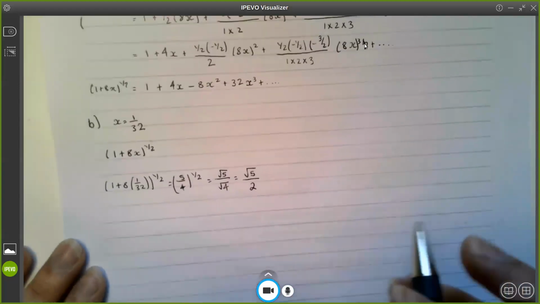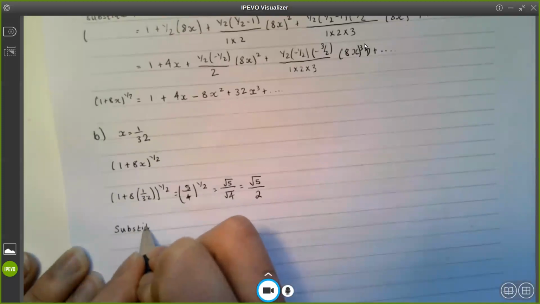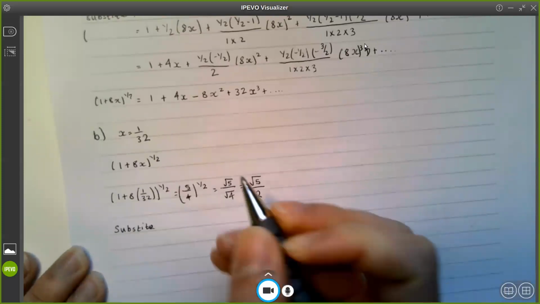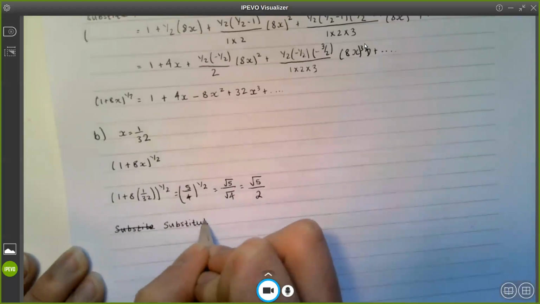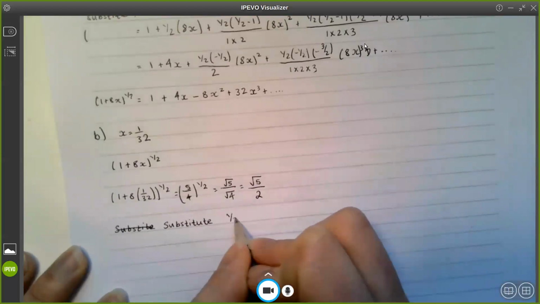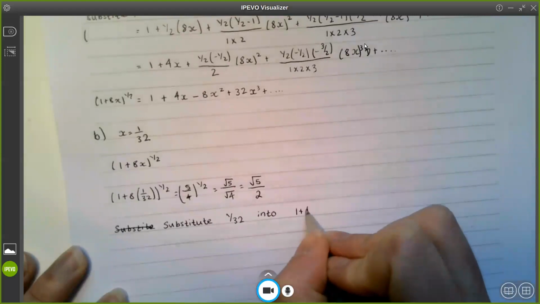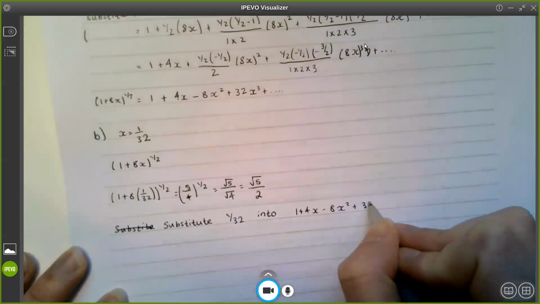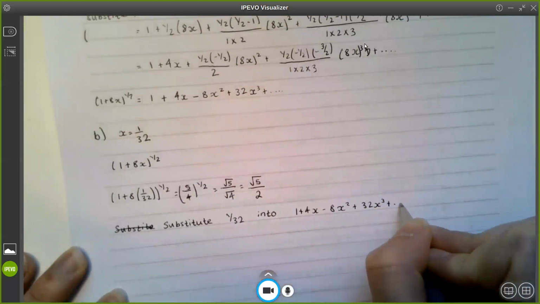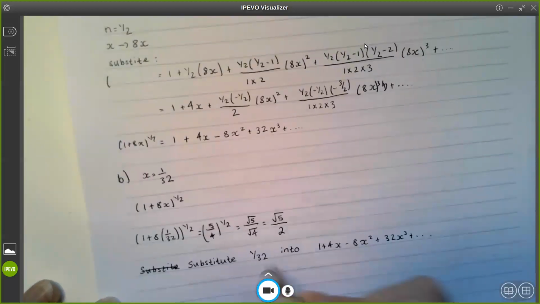So let's write that down. Substitute 1 over 32 into 1 + 4x - 8x squared + 32x cubed. That's going to give me an approximation for root 5 over 2.